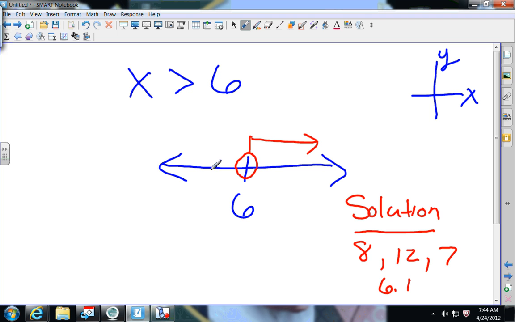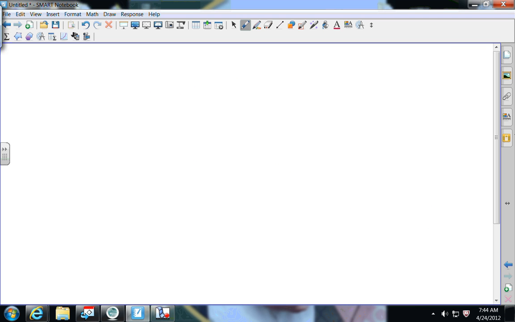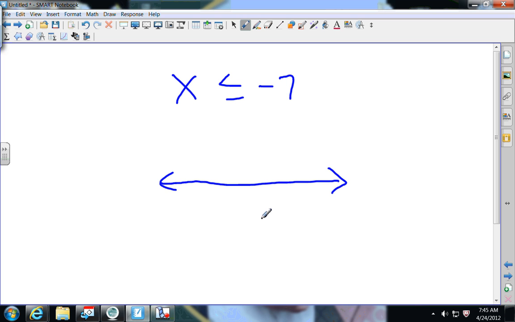And on the test, the type of things they'll ask are points like 6, because they're going to test you and see, do you remember open dot and closed dot? Okay. We're going to have things like x is less than or equal to -7. So I've got the x-axis, and I draw my line here.